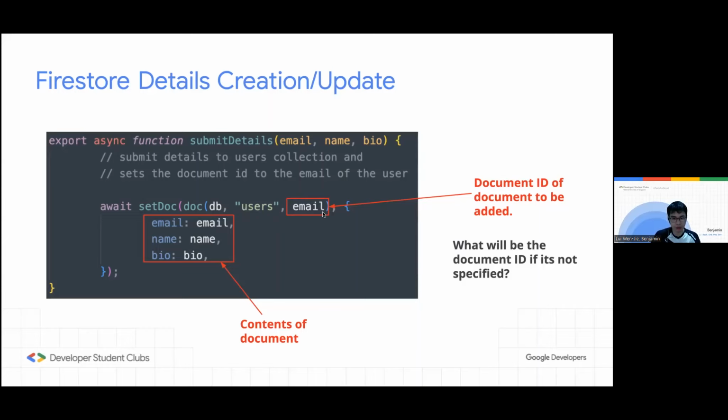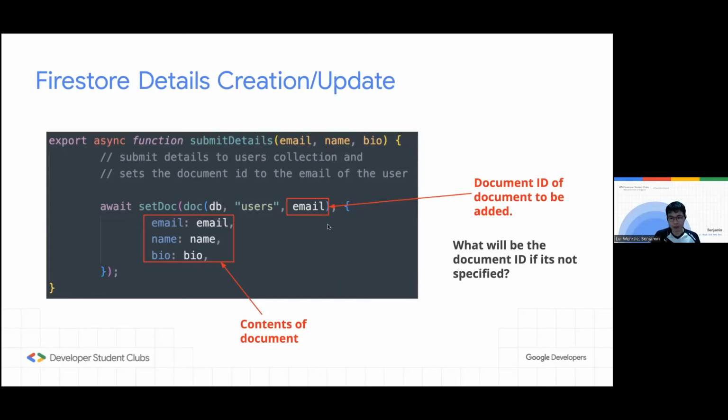This last parameter here is actually the document ID of the document to be added. For the next parameter of set document, you are basically specifying the layout of the document. In this case, it will be email, name and bio, which we take in from the parameters above.